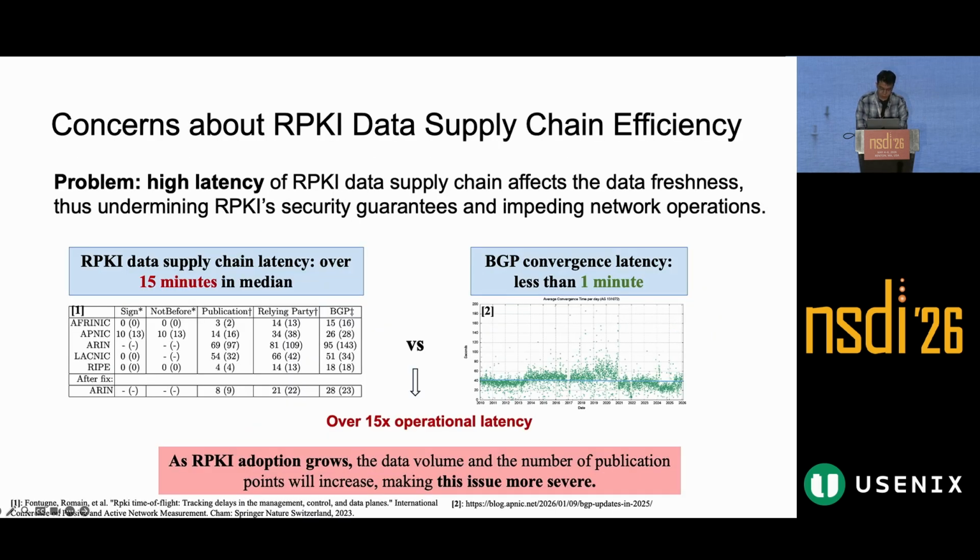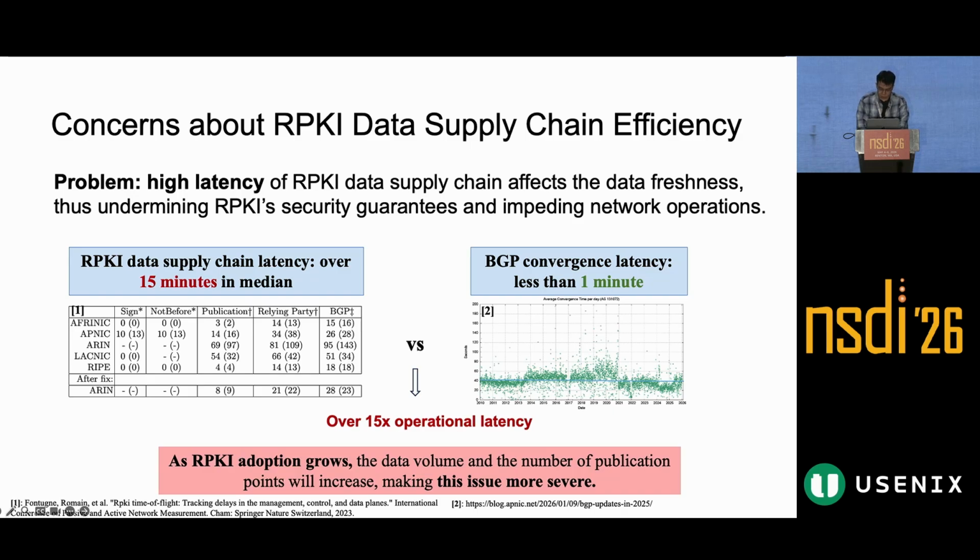And currently, the latency of the RPKI data supply chain is high, about 15 minutes. In contrast, BGP convergence occurs within 1 minute. That means RPKI brings over 15 times operational latency, undermining RPKI security guarantees and impeding network operations.